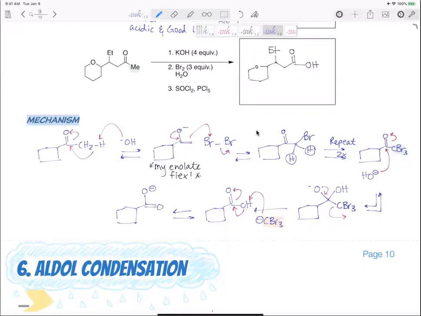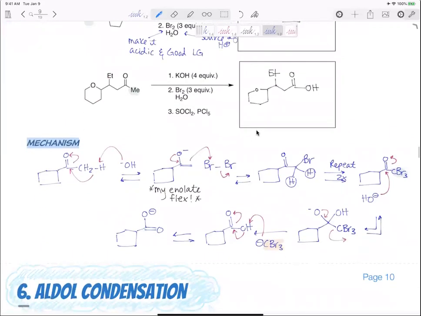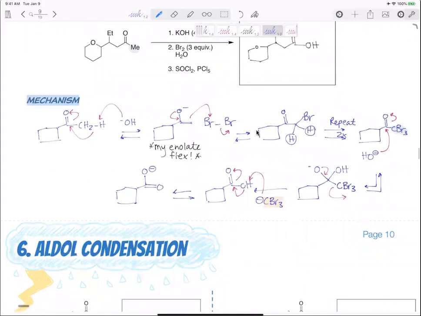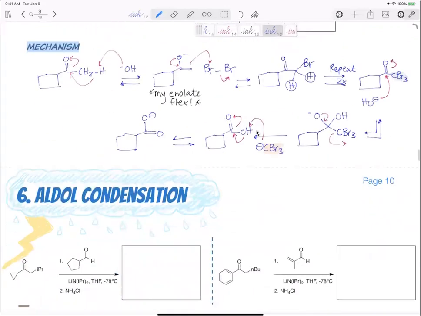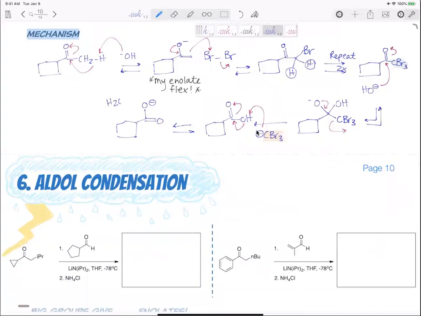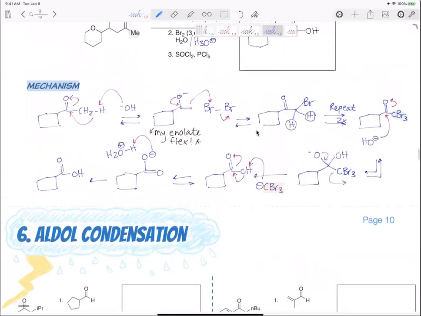We need to give it in the form of water or an acid. You might see H3O plus. That's also okay. So we need to push it in acidic conditions to make my product here. Okay, and this is how I get my product. Make sense?